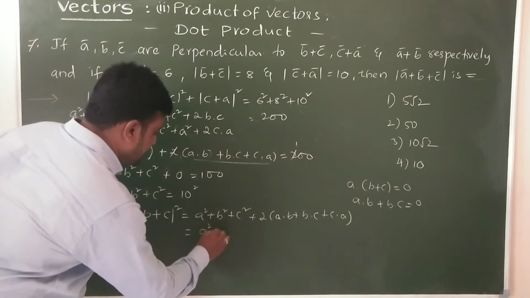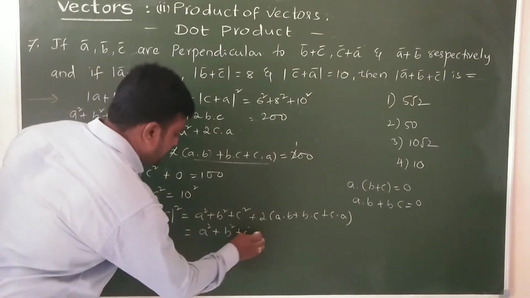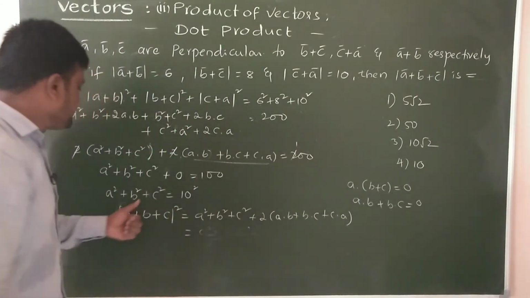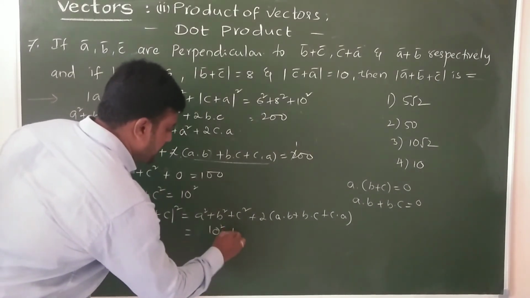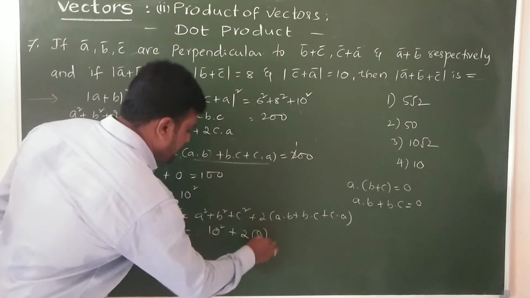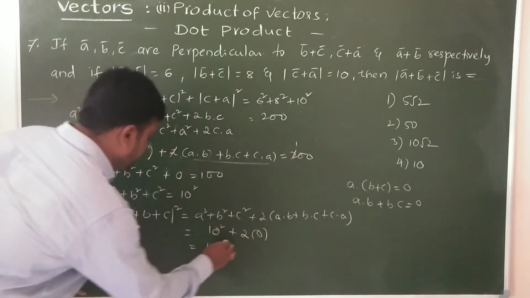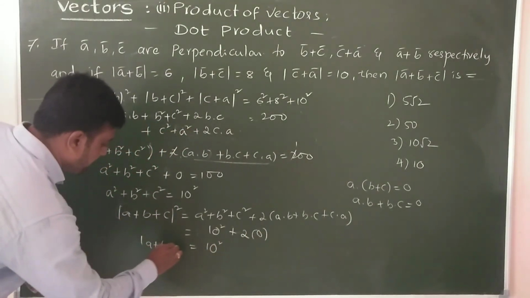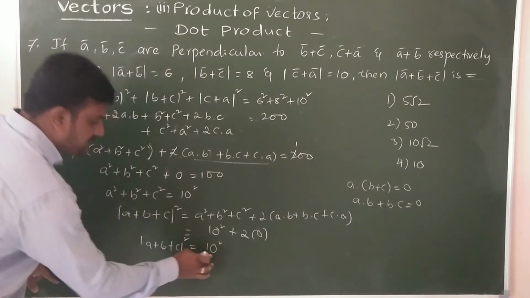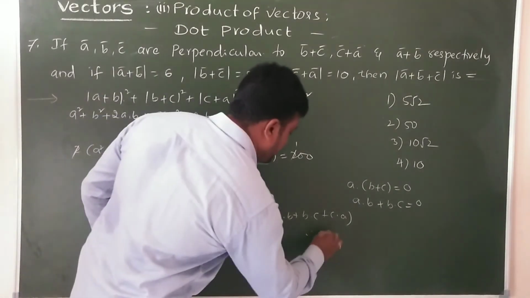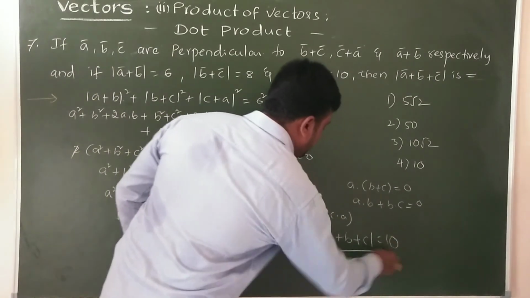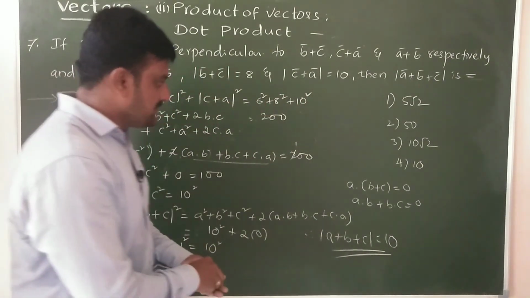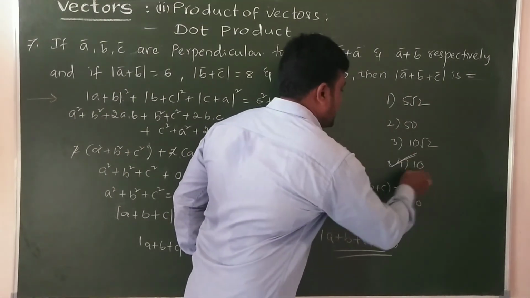Already we have a square plus b square plus c square equals 10 square, plus 0, so that is 10 square. Therefore the modulus of a plus b plus c equals 10. The fourth one is the right option.